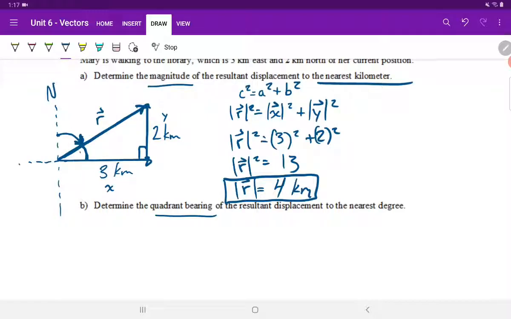Even though I can solve for this angle, how am I going to find this one? Well, the two angles in there are complementary. They add to 90. So if I do 90 minus theta, I should get my quadrant bearing angle there.